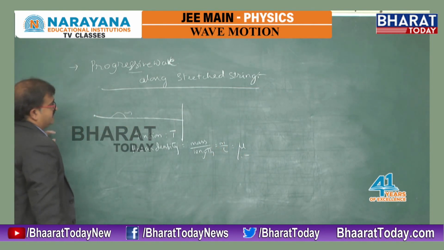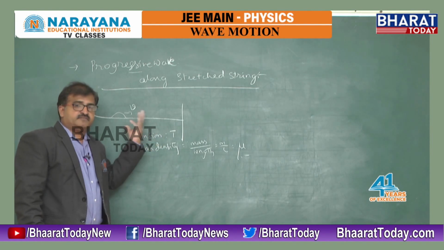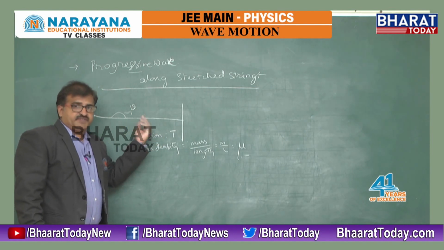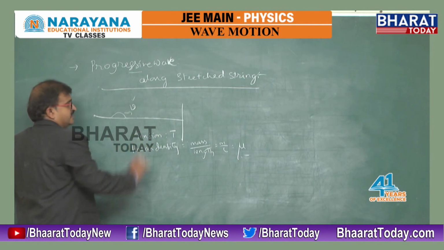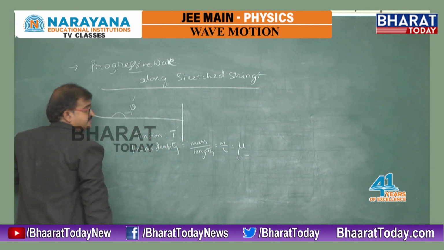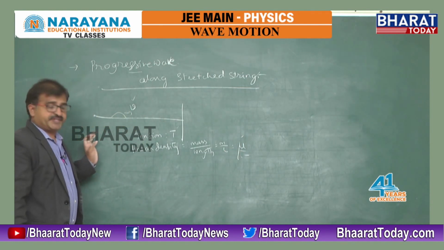Then the velocity with which this traveling wave or progressive wave generated is said to travel across it, this v, depends on the tension T and the linear density of that string.